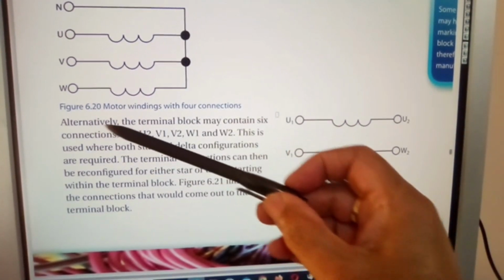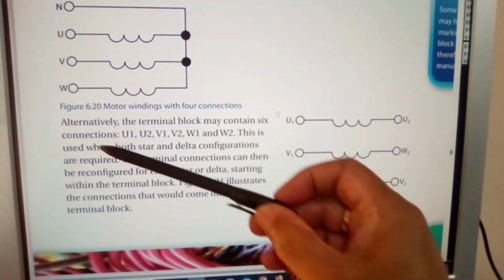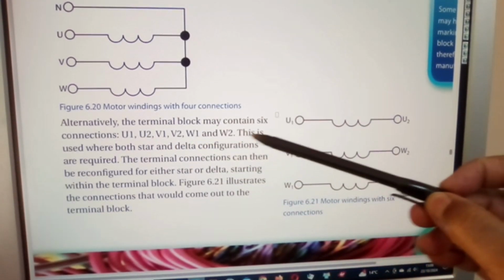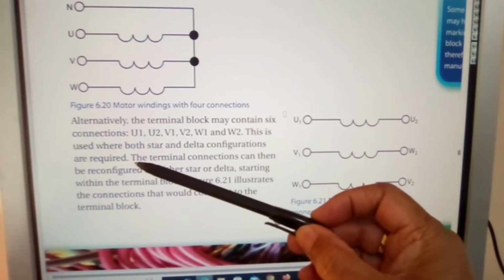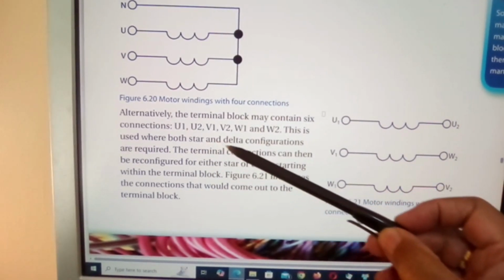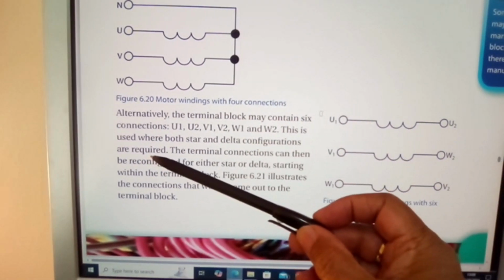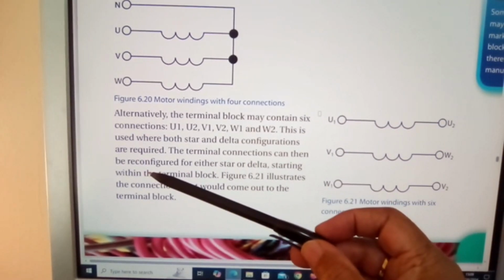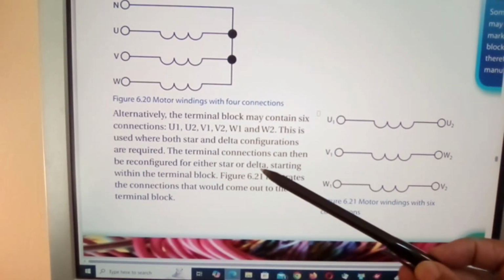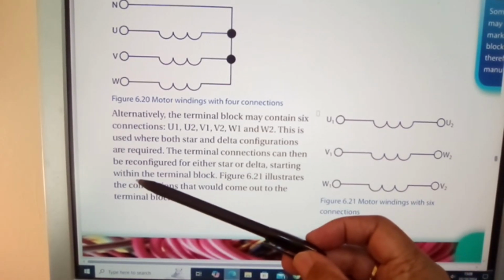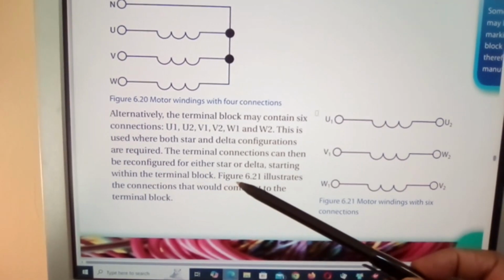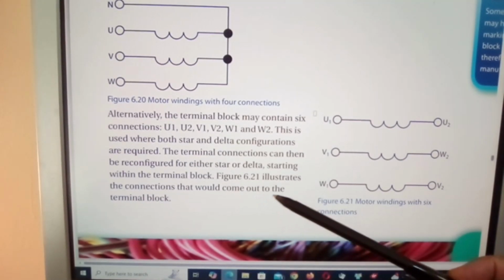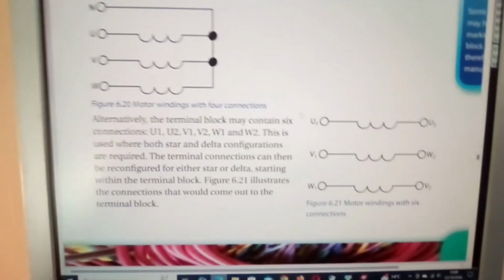Alternatively, the terminal block may contain 6 connections: U1, U2, V1, V2, W1, and W2. This is used where both star and delta configurations are required. The terminal connections can then be reconfigured for either star or delta starting within the terminal block. Figure 6.21 illustrates the connections that would come out to the terminal block.